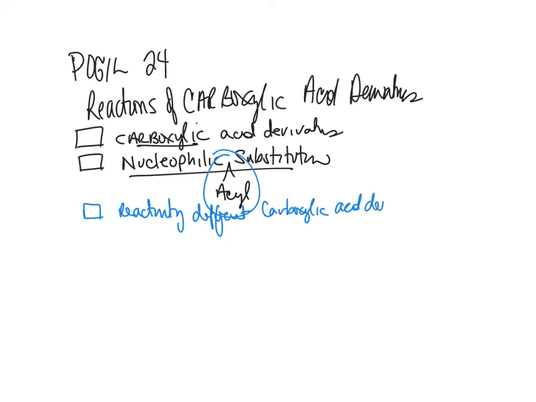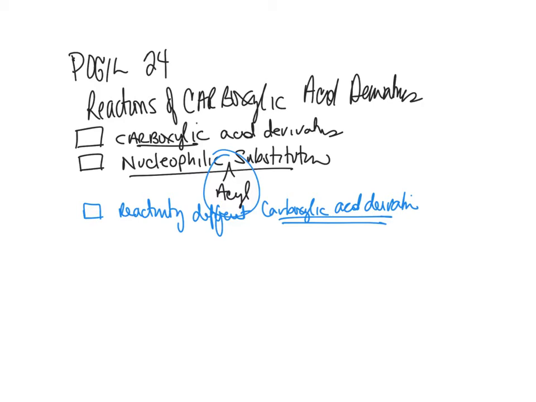Because you'll learn that certain carboxylic acid derivatives can convert through nucleophilic acyl substitution into other carboxylic acid derivatives. Some of them cannot, however. And so that is what we'll be doing.